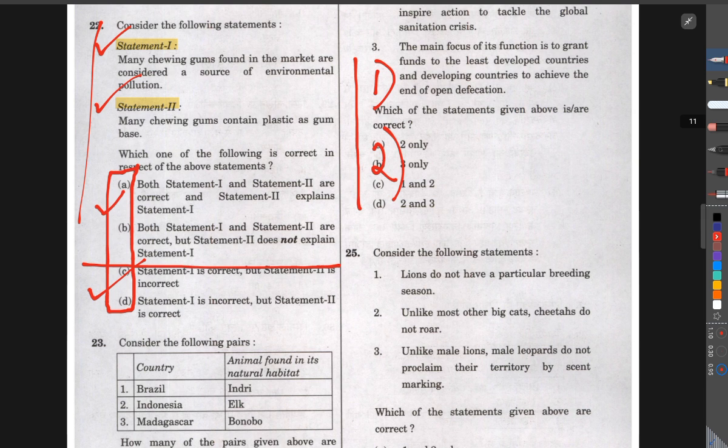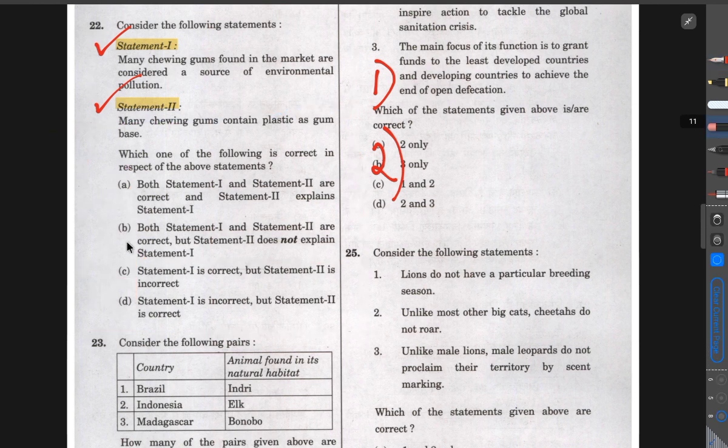Most people are confused about finding whether statement 2 is the correct explanation for statement 1, so I'll give a small tip, through explaining the question, on how to find out whether it is the correct explanation.